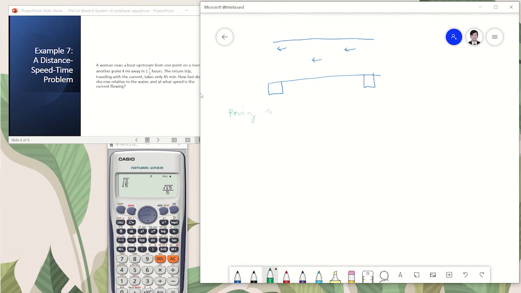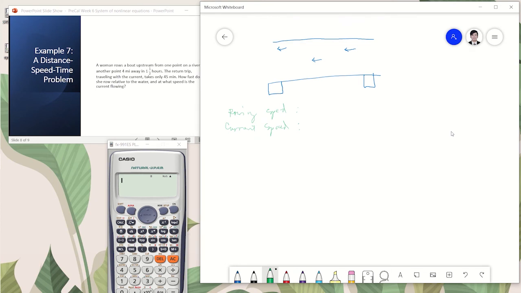First of all, the rowing speed and the current speed. When we say rowing speed, this is how fast a woman can row the boat in the water.